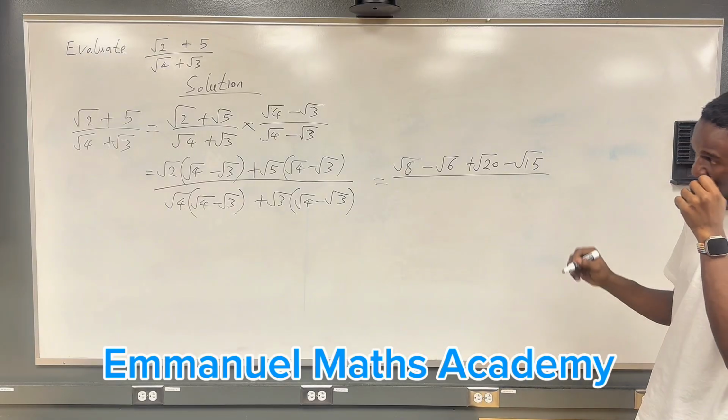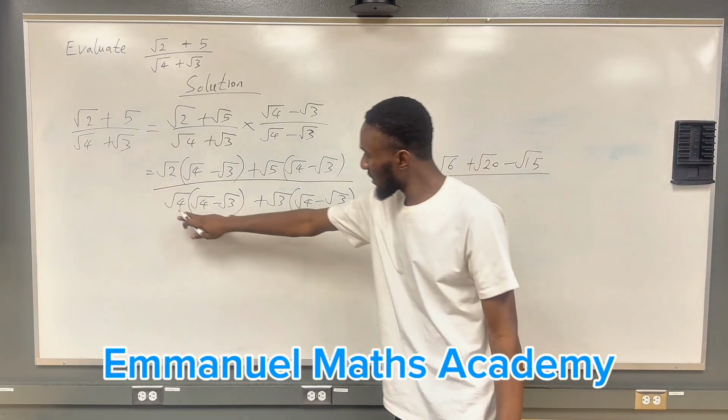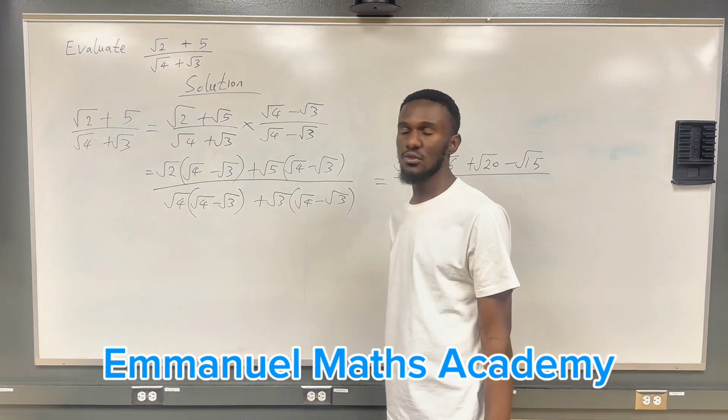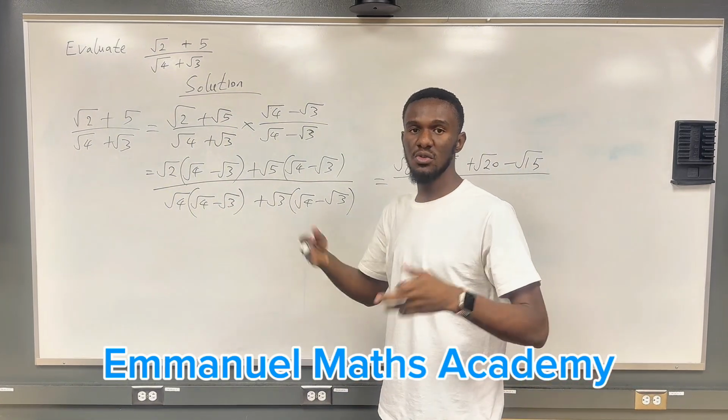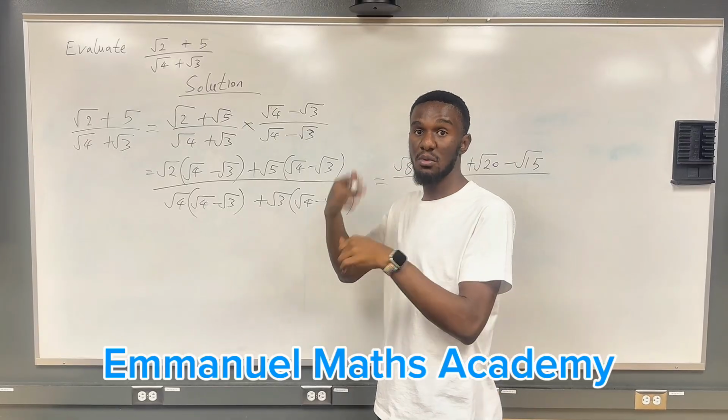We'll go straight to the denominator. Root 4 times root 4 will give you 4, because this actually means root 4 coming 2 times, and you know that the square root of any number raised to power 2 is that number.